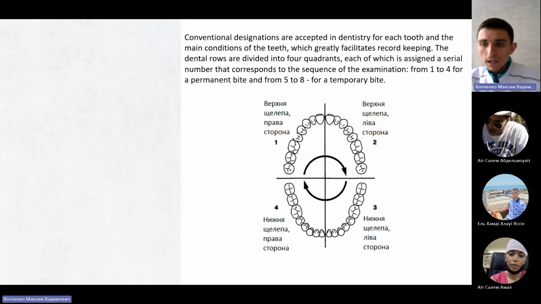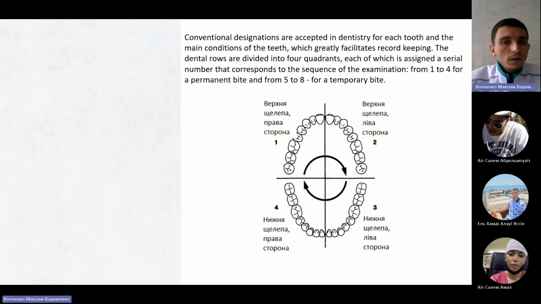And if we have a child, for example, we know that a child doesn't have 32 or 28 teeth. It has only 20 teeth in primary dentition, not in the mixed dentition and not in the adult. It is a primary dentition. Only 20 teeth, 5 on each segment.